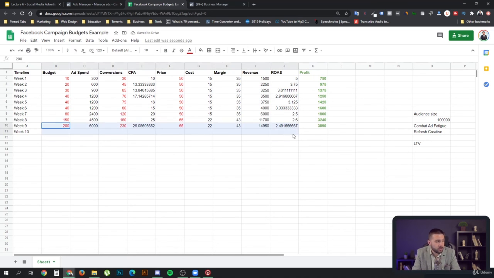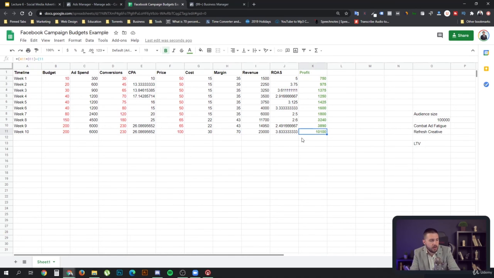And what you can do then on week 10 is maybe create some other campaigns for other products, or again think about how can you maybe do that trick over here. So let's say you manage to double it. Take a look at what happens. This is what happens. So this is where your margins become a much higher priority than scaling your ad campaigns.